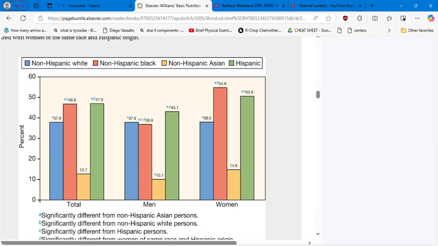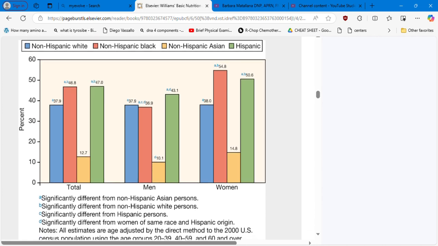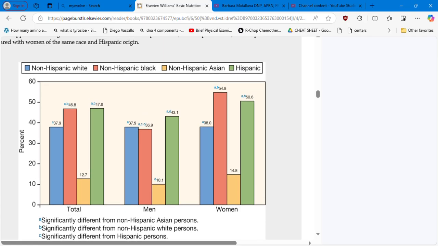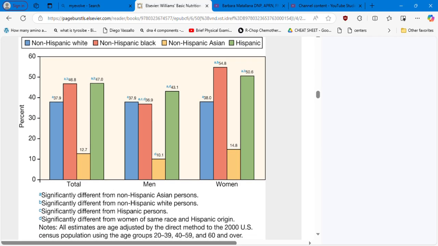So, but the green are Hispanic. So the first place is the non-Hispanic Asian persons, and the second is the non-Hispanic white. And then the third would be the woman, and it's the color green that are Hispanics.